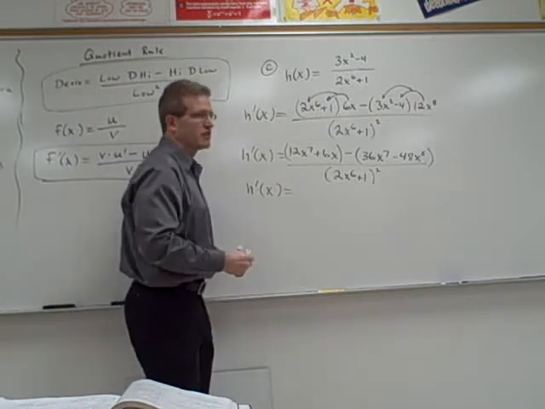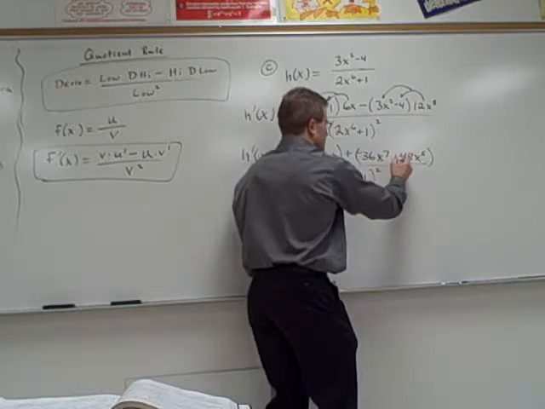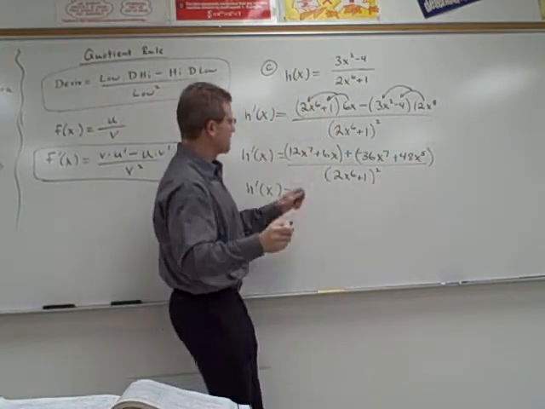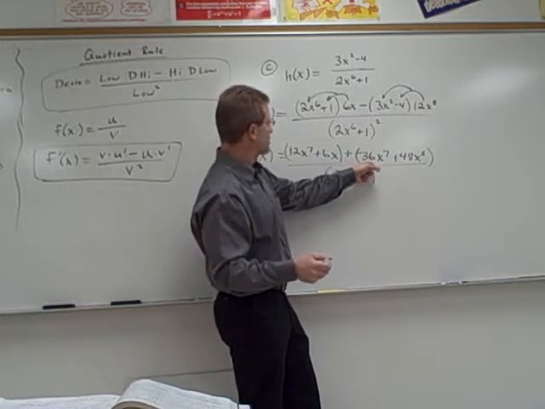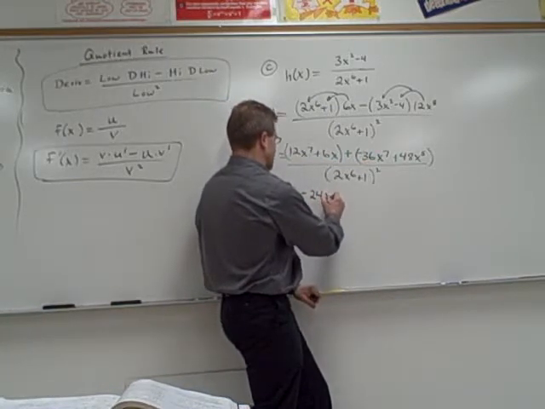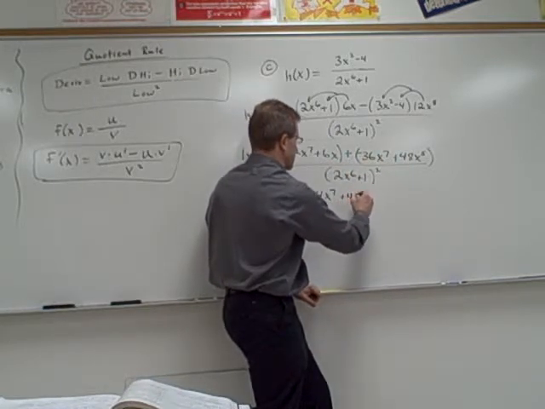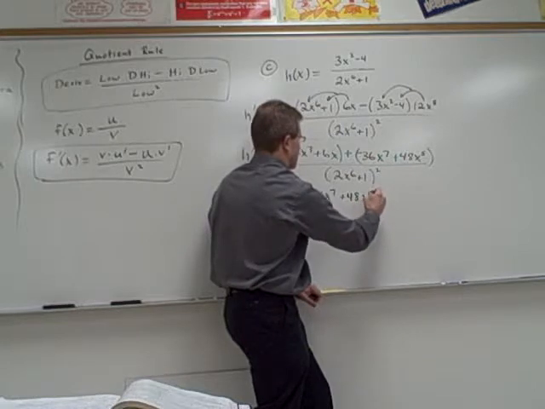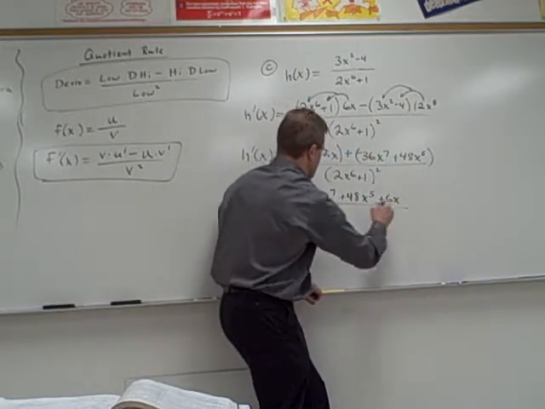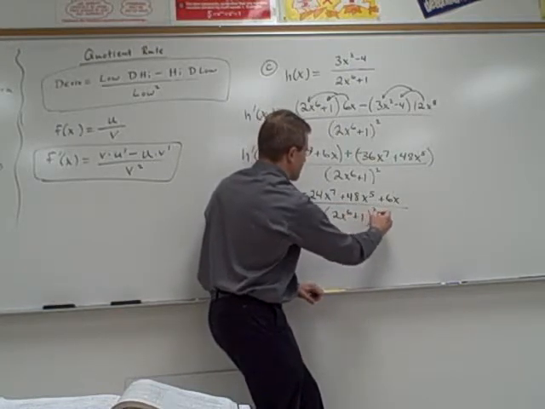If you do it too early, it's going to cause you problems, I think. So I'm going to go plus, negative, plus. Now I can combine 12x to the 7th minus 36x to the 7th, which is negative 24x to the 7th, plus 48x to the 5th plus 6x. And don't forget your low squared on the bottom, just leave that as 2x to the 6th plus 1 quantity squared, like that.